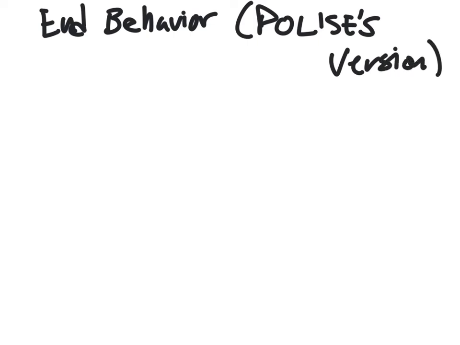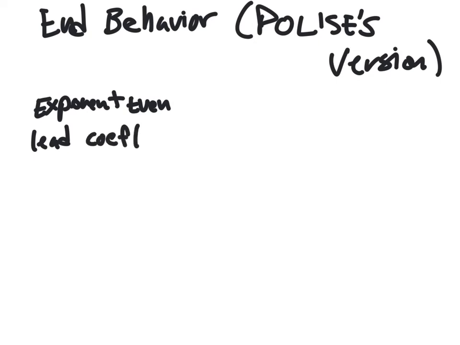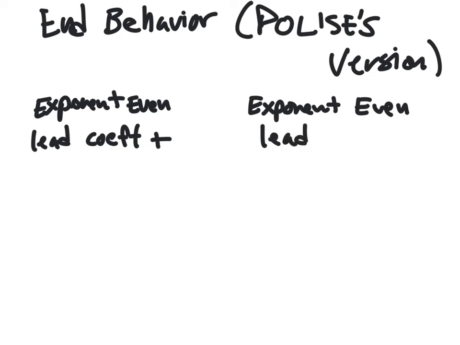So here's what I've got. You have 4 different options. You have where the exponent is even and the leading coefficient is positive. And then you have where the exponent is even and the leading coefficient is negative.